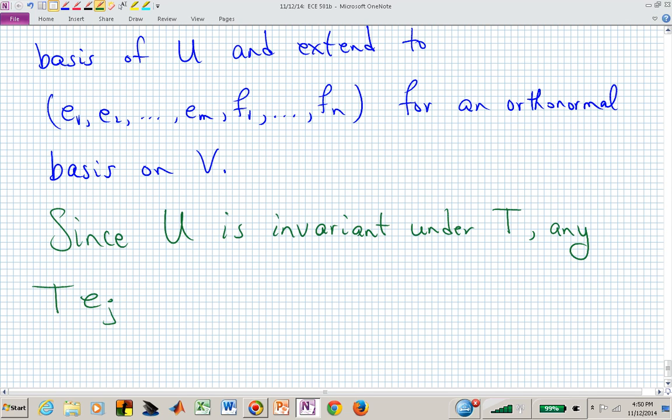If U is invariant under T, and E sub j is in U, what do we know about the result of mapping E sub j through T? Or how could we express that result?